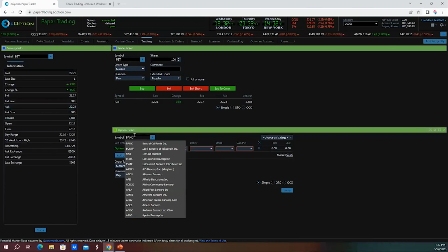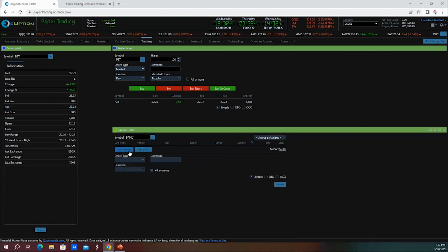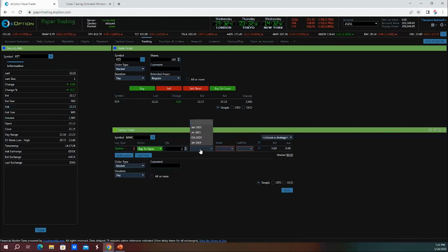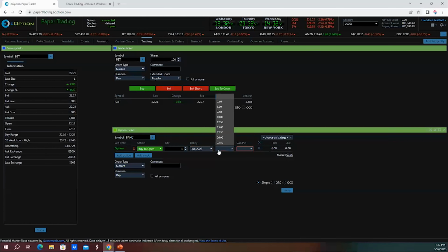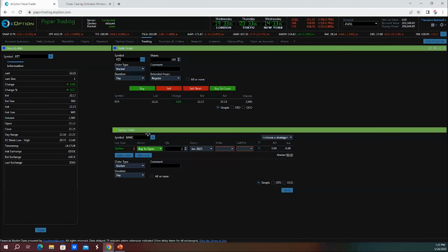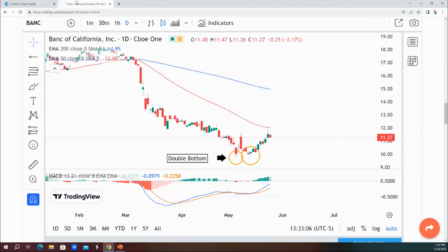Let's see what we pull up here. Options, let's see if we can get some buy to open calls. We got June. Bank is trading here at 11.28. For strikes, let's see, we have a $10 call. Okay, so let's do this one here.